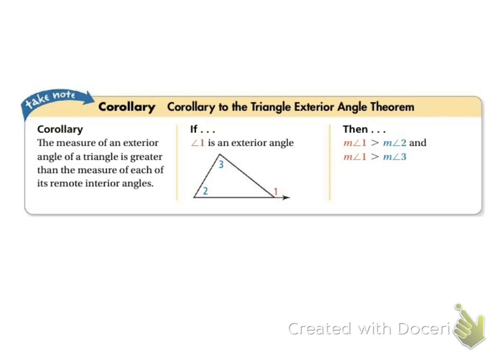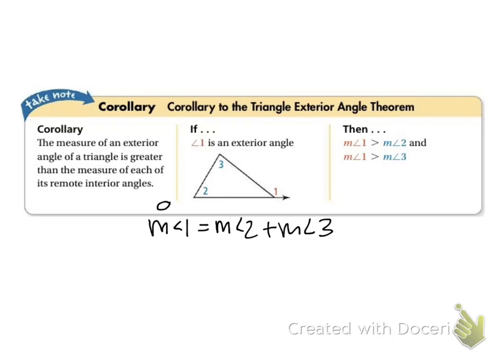So we use that here. So this angle out here is an exterior angle, remember? And these two blue ones are remote interior angles. And if you think back to our triangle exterior angle theorem, I know that the measure of angle 1, my exterior angle, is equal to the measure of angle 2 plus the measure of angle 3. We add the two remote interior angles, and that equals my exterior angle.